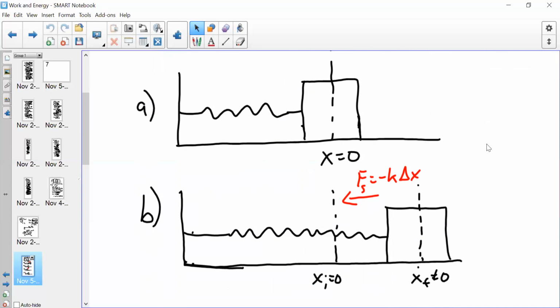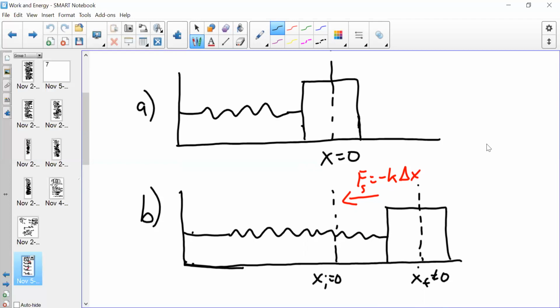So the equation in red is called the spring force, sometimes called the restoring force, because the spring force wants to restore the mass back to its first position, which in this case is x equals 0. It's always trying to get it back to balance.